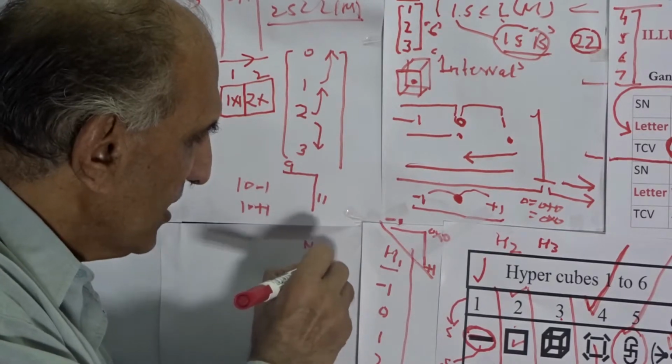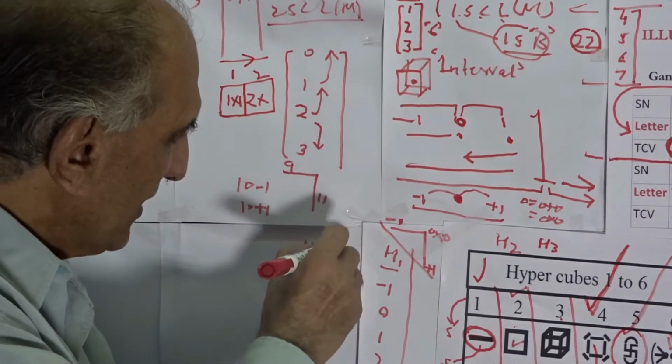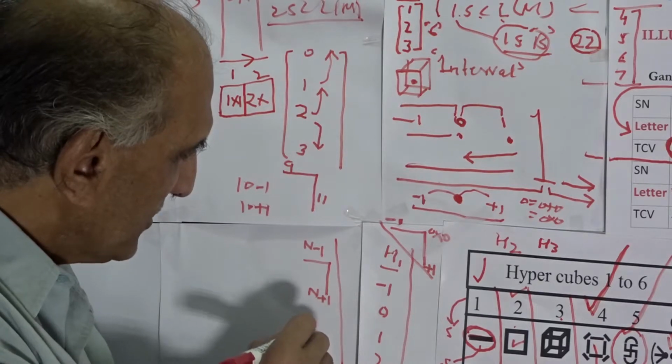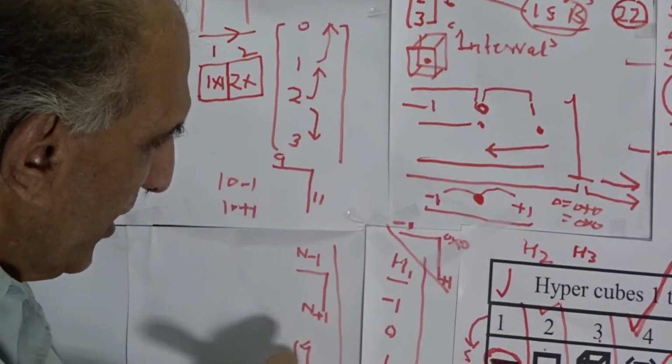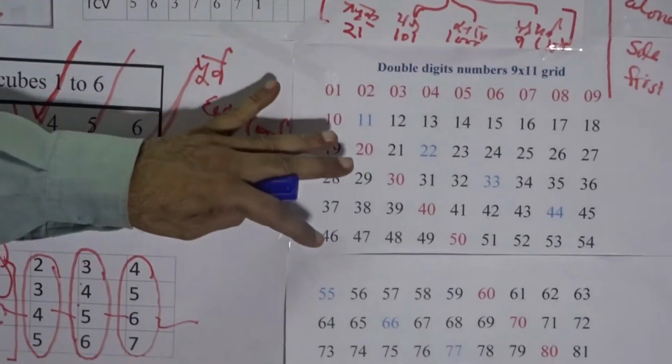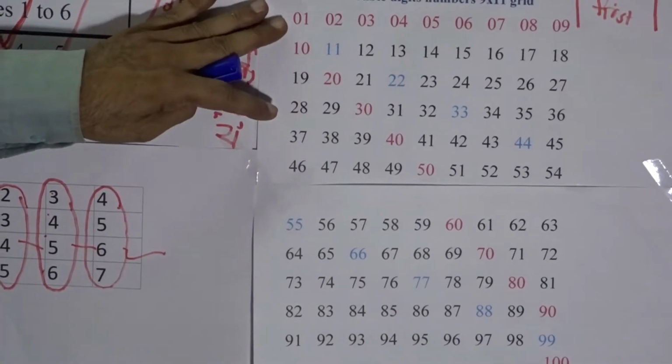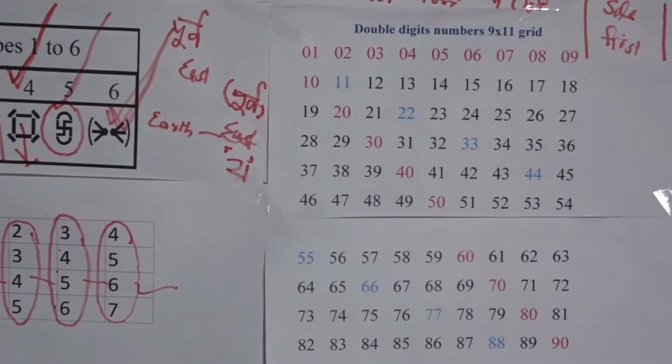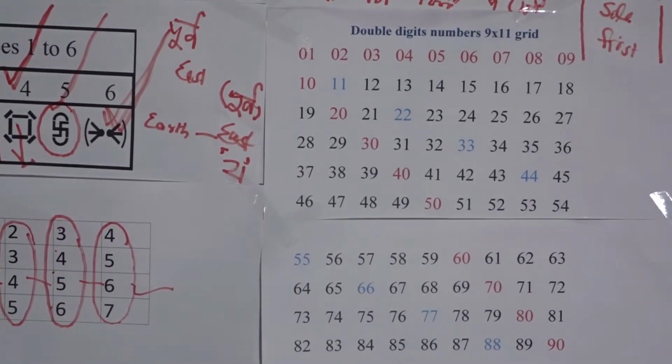So it is this grid format which, in respect of the 10 place value, takes us to the grid of 9 into 11. And now if we organize these 99 double digit numbers along the 9 cross 11 grid, then we get a very beautiful format.